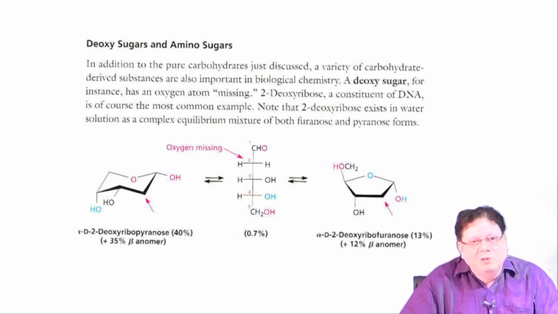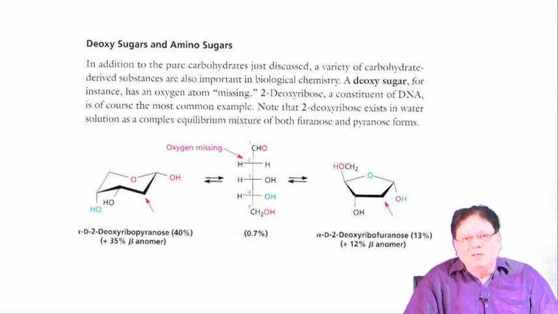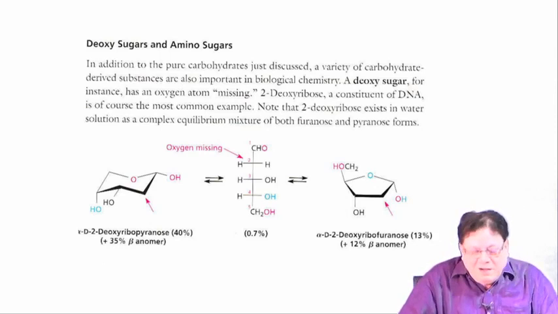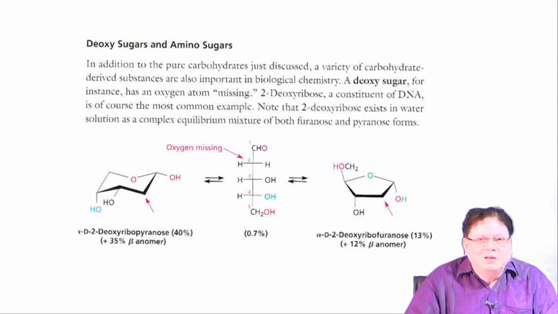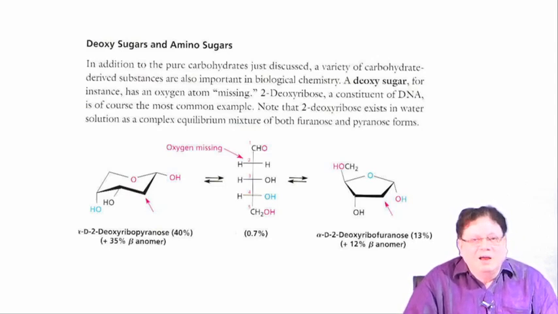If you know the numbering, the 2' is next to the anomeric carbon, and that is missing in the DNA. This has to be, because DNA is the fundamental molecule in our hierarchical biological system. So, it must be a very important step.